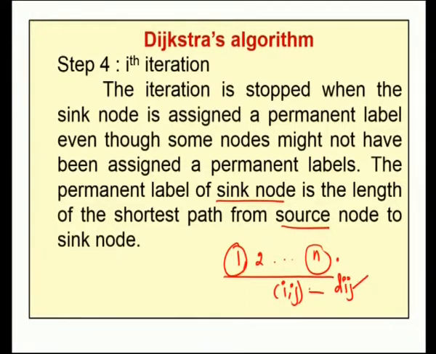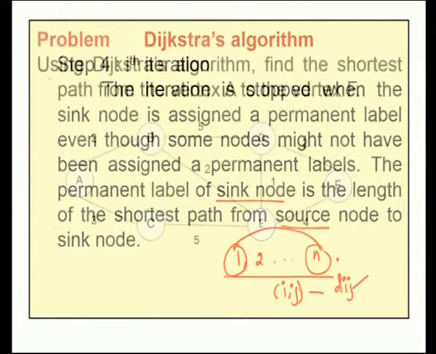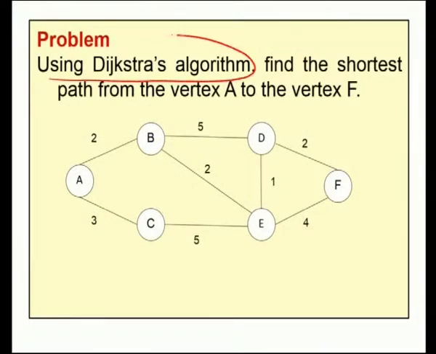The problem is to find the shortest path from the sink node to the source node. This is called the shortest path problem. With the help of the Dijkstra algorithm, for a given network diagram, we will find the shortest length and shortest route.